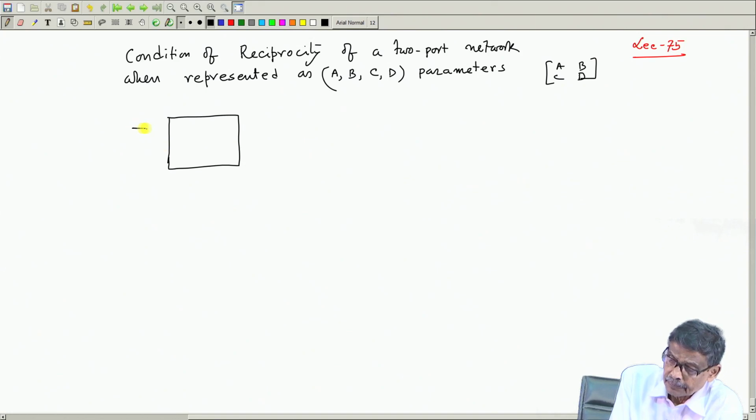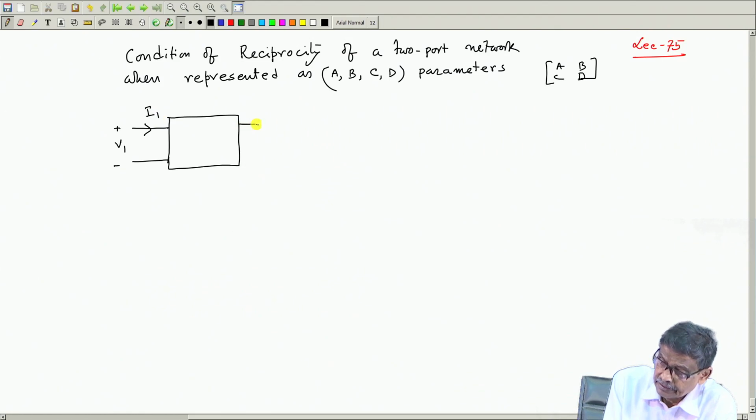If you apply a voltage V1 here, this current is I1, and here the voltage polarity is V2.